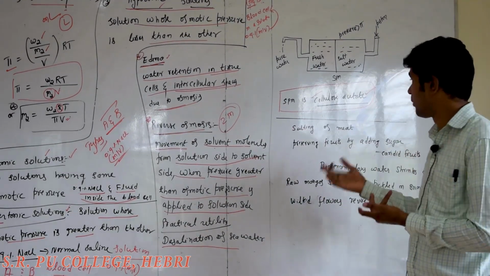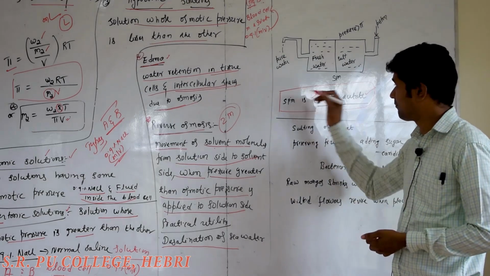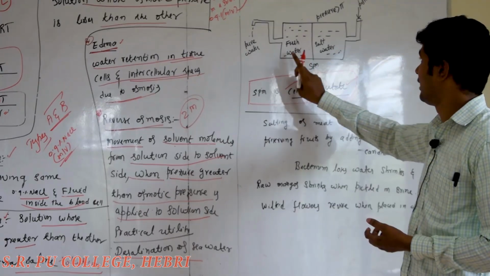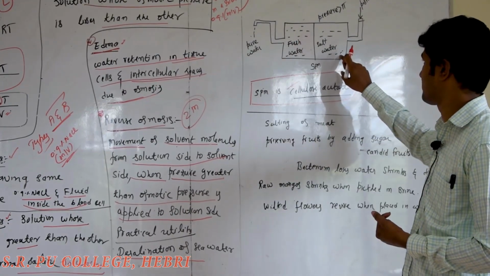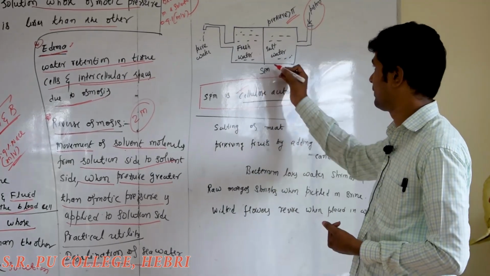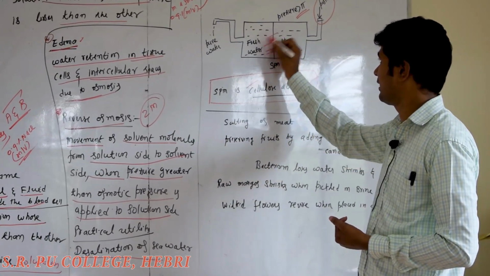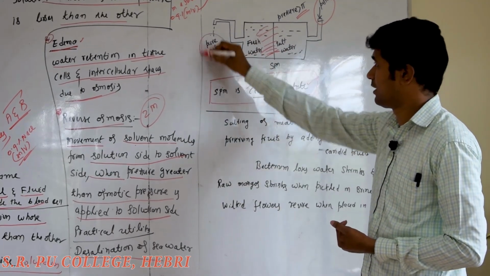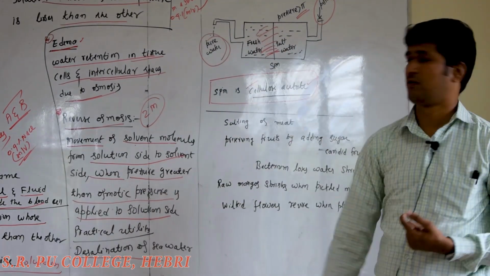It's not the most economical method to get pure water from seawater. So this is the diagram. See here, fresh water and salt water are present. Here we apply pressure greater than osmotic pressure. Solvent molecules start entering the solvent side from the solution side. So here we are squeezing out the pure water.